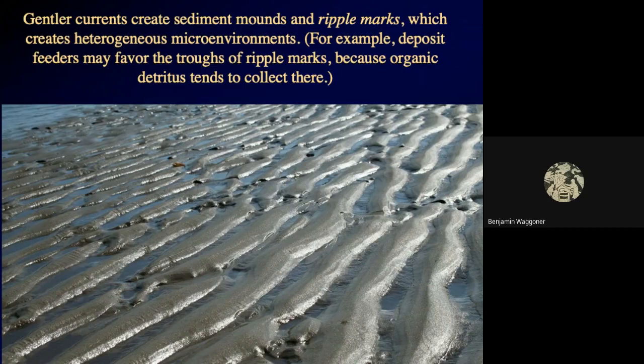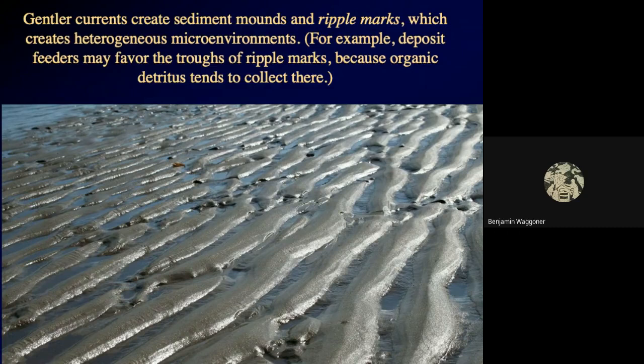So you can see these in sedimentary rocks as well as seeing them in modern beaches. They just get sculpted by currents that are flowing in a particular direction at a low enough speed not to completely churn the sediment up. These things spontaneously form.